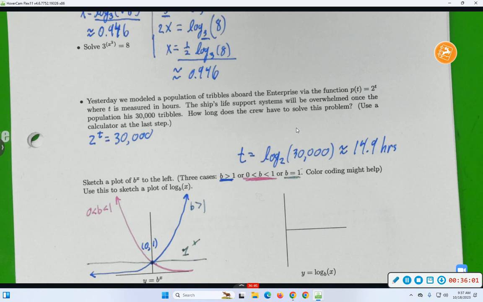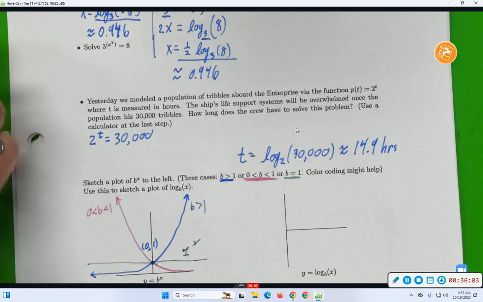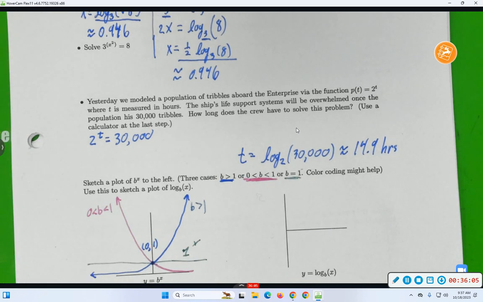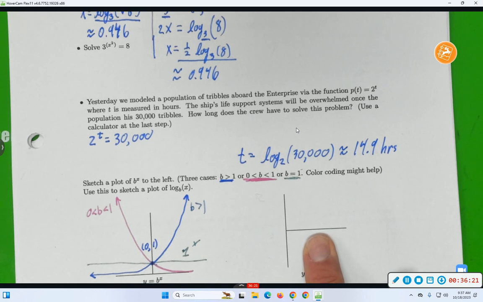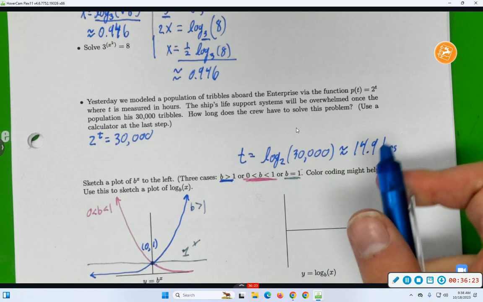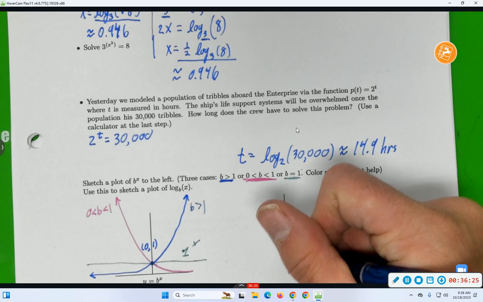Let's graph their inverse functions. If the base is bigger than 1, then very negative x values on the exponential correspond to very small y values. Over here, they'll correspond to very small x values and very negative y values. That sounds like a vertical asymptote.